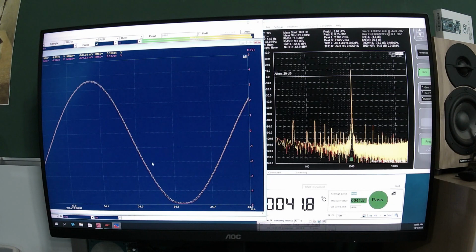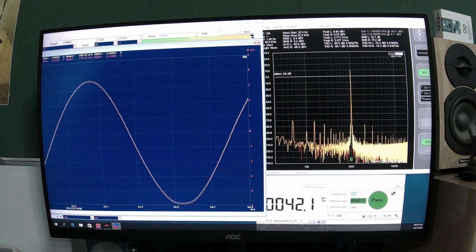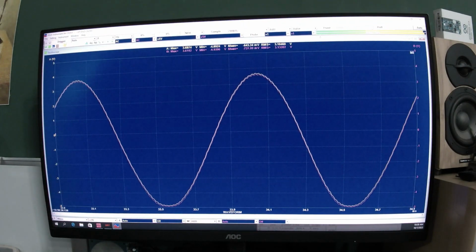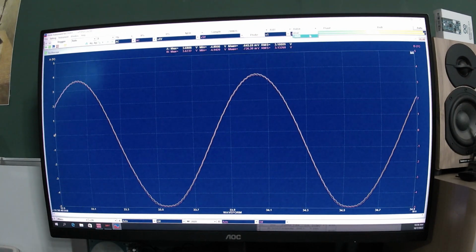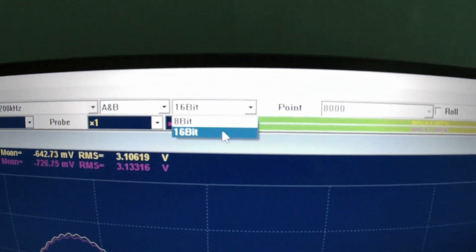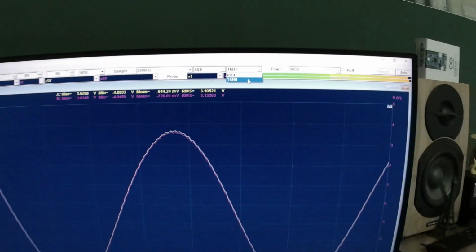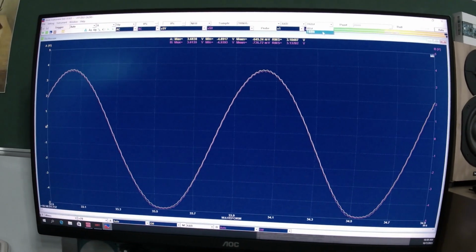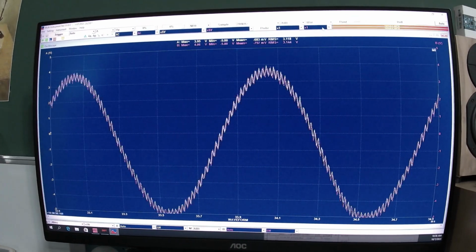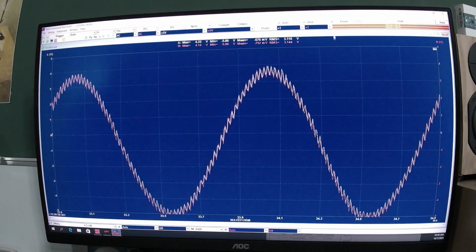Now, don't worry about this, guys. I know that there is a clock frequency going on there, but I'd like to explain that it is also affected by the resolution of the DAC, which you can see in here, 8-bit and 16-bit. The maximum I am able to get from here is about 16-bit sampling. If there were 32-bit, that would be better. So what I'm saying is that this is at 8-bit right now.